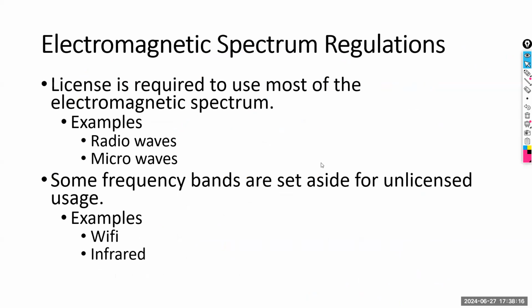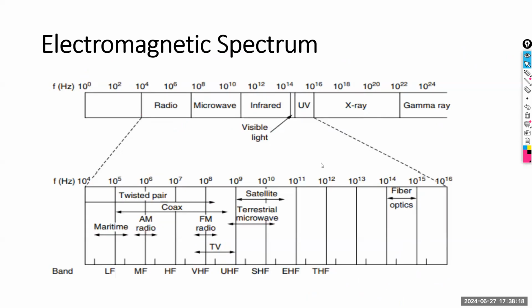Some of the frequency ranges anyone can use. But some other frequency ranges are under the control of the country. For example, microwaves and radio waves, you can't just use them without getting a license from the government. But there's a part of the radio waves you can use as well.